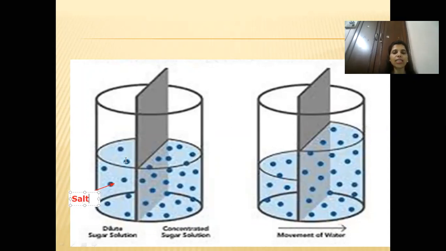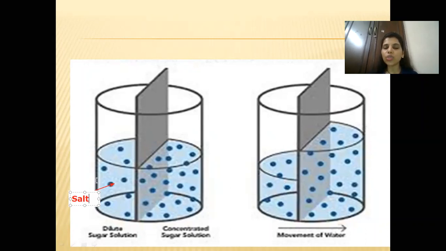Here you can see that the concentration of salt is less over here, and the concentration of salt is high over here. So what has happened after some time is that the level of the solution which was having a higher concentration of solute has increased, and this particular level has decreased. So what can you guess from this diagram?